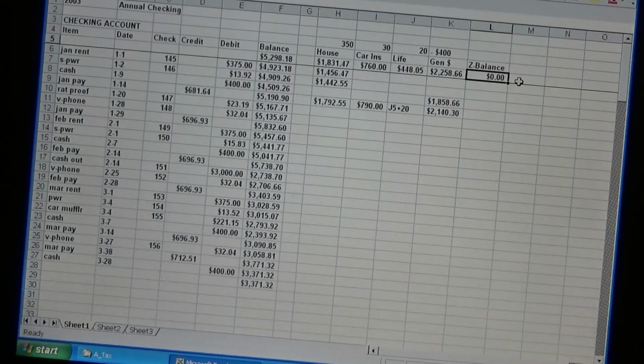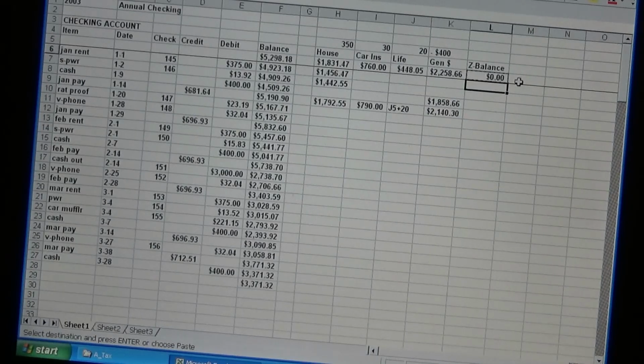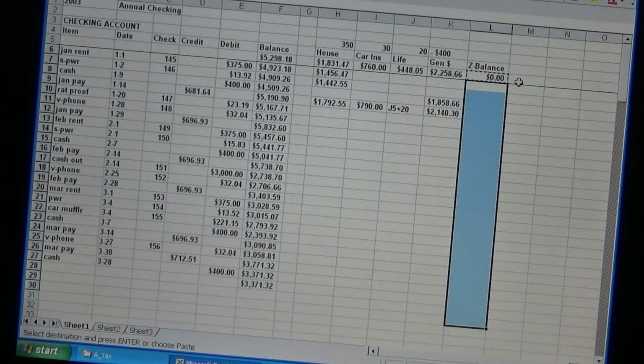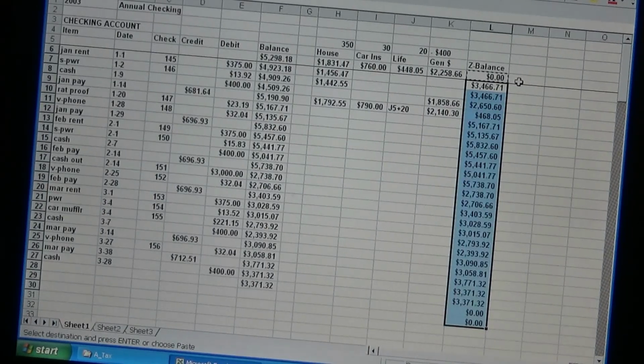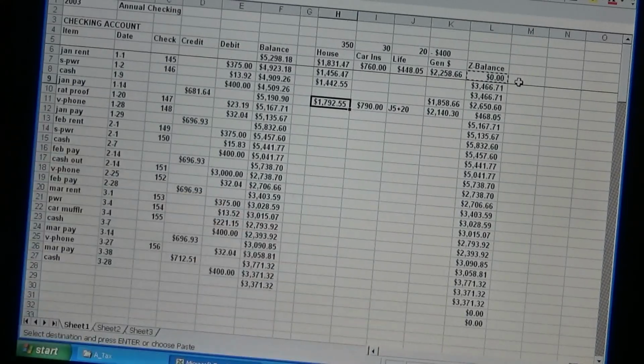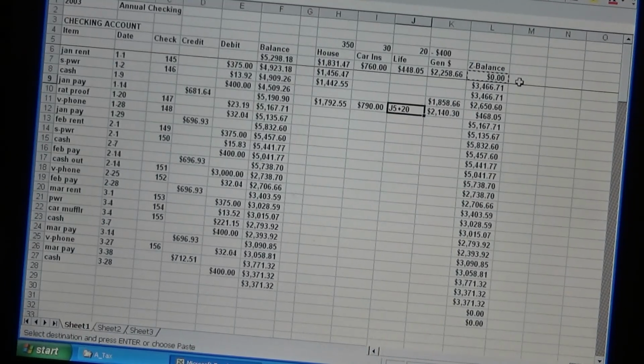Now I can copy this formula in this cell, Control C to copy, then highlight the cells I want to copy it to, and Control V, and it pastes it in. And I'm off on this line here. Okay, I made a typo on this right here.